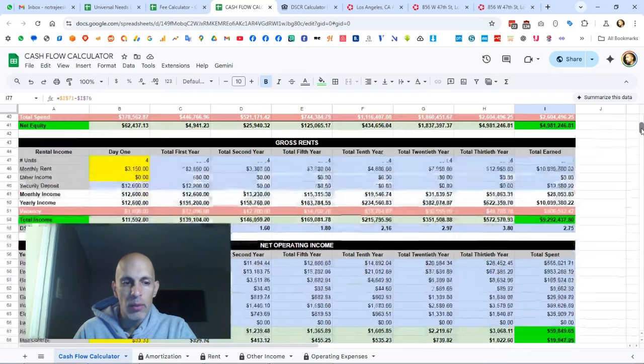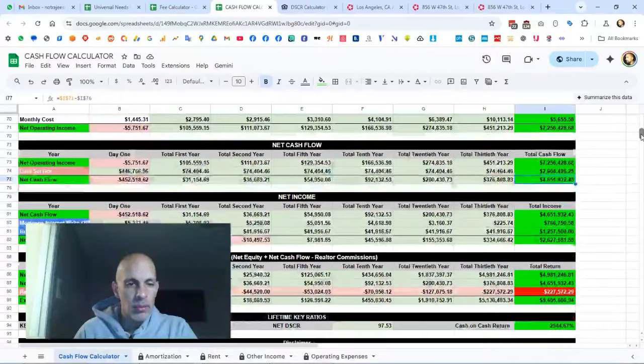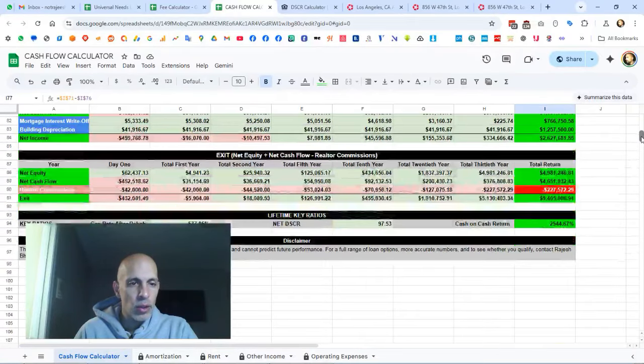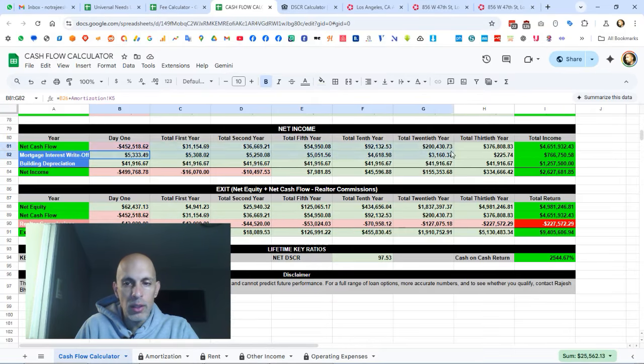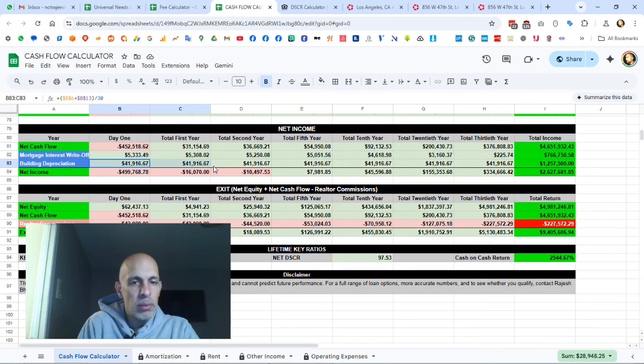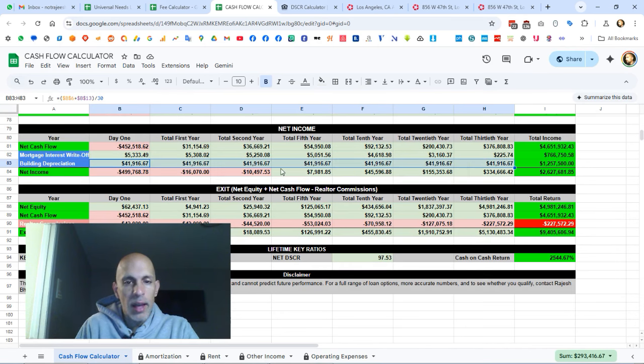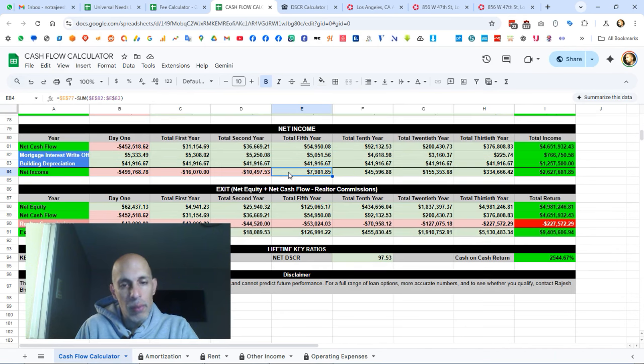And now here comes the real magic, which is your exit. So, let's start with net income. You can write off your mortgage interest. You can write off the building depreciation. Now, if you're about getting rid of taxable income, you can do that here.